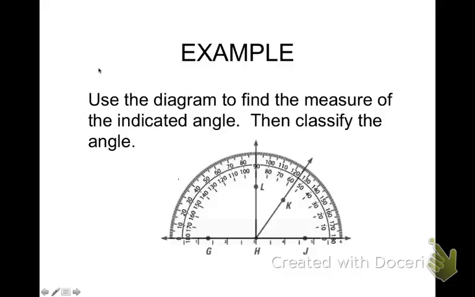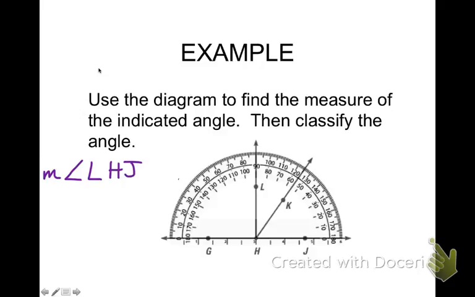Okay, so the first thing we're going to do is find the measure of angle LHJ. Now, I'm going to add a little bit to this notation. Are you ready? If you're ever asked to find the measure of an angle, there's going to be a little m in front of that angle sign.